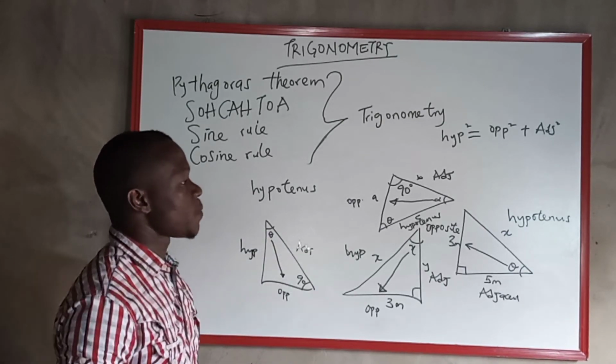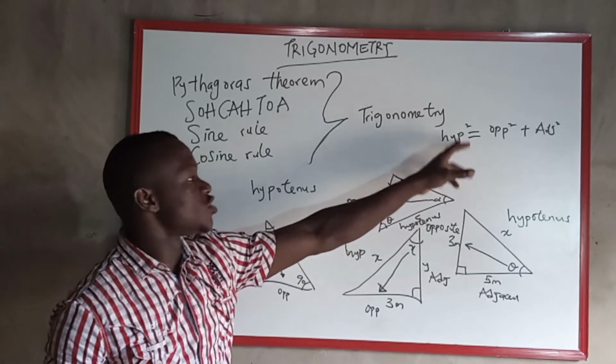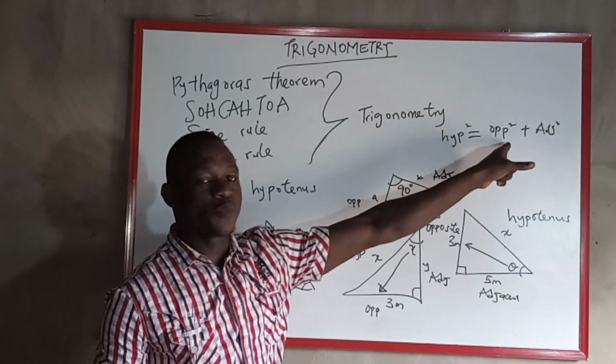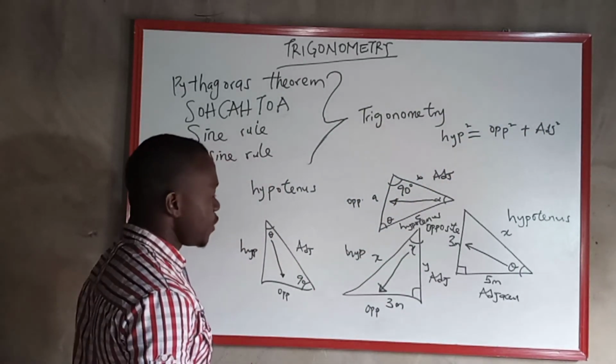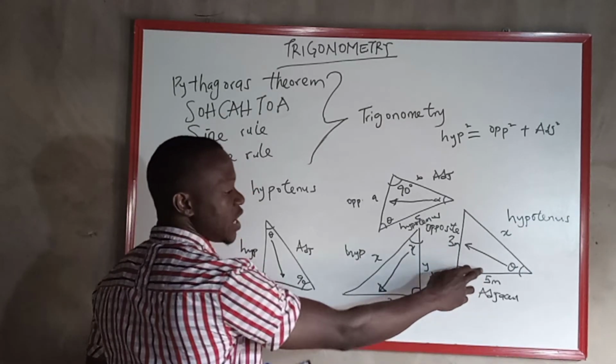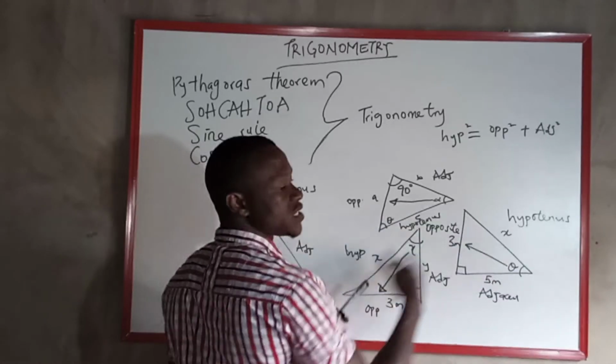So what it says is that whatever side is the hypotenuse, you square it, and it is equal to the opposite squared plus the adjacent squared. If we consider this triangle, our hypotenuse is x.